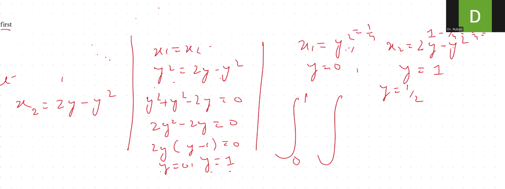It becomes 2 by 4, it is 1 by 2. So 1 by 2 is greater and 1 by 4 is smaller. So y square comes here and 2y minus y square comes here. And this is the function. So this is question number 7.